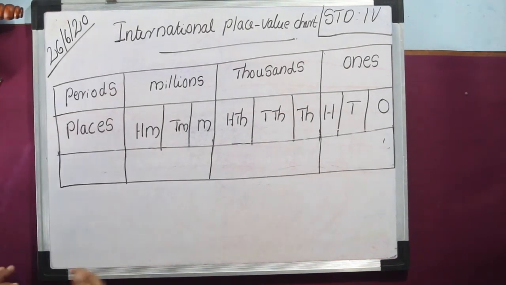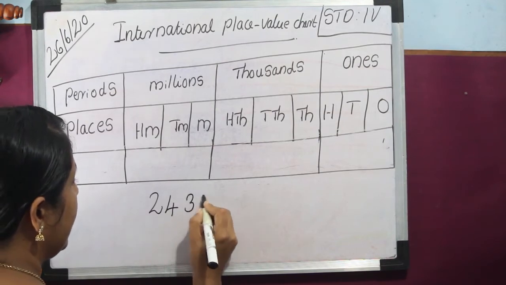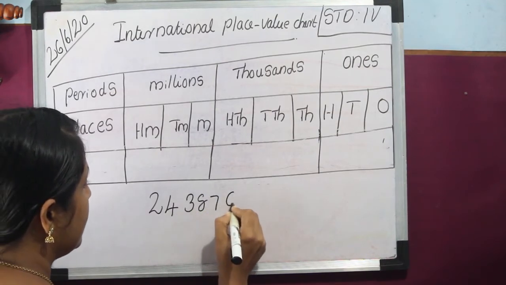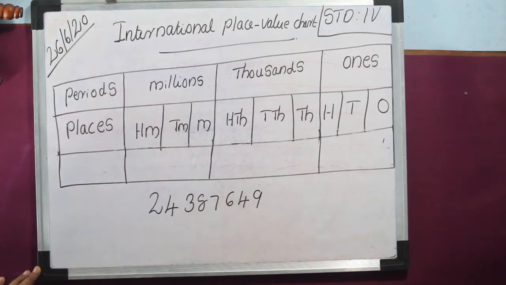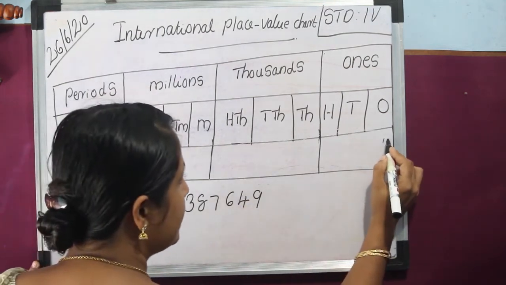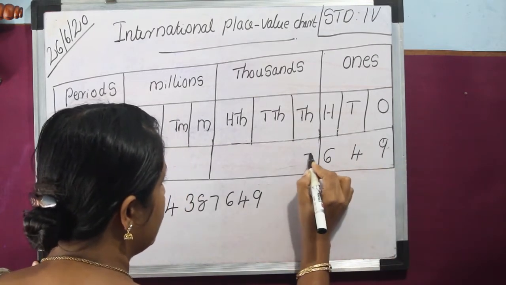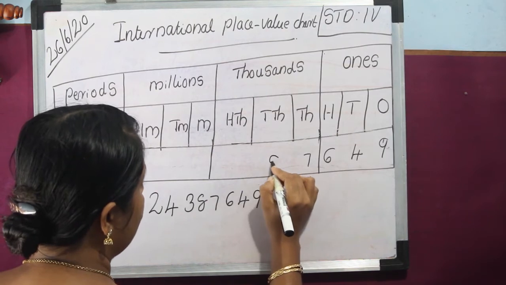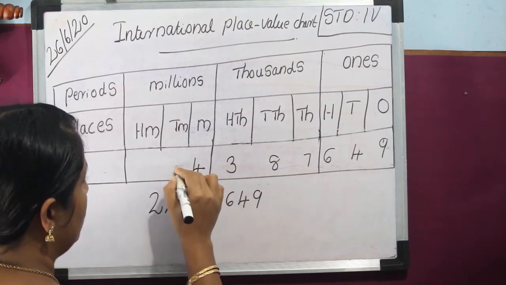Consider the next example: 2438769. First we write these digits inside our table, that is 9, 4, 6, 7, 8, 3, 4, 2.